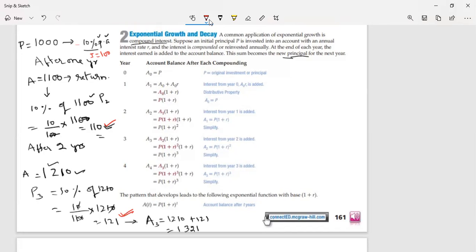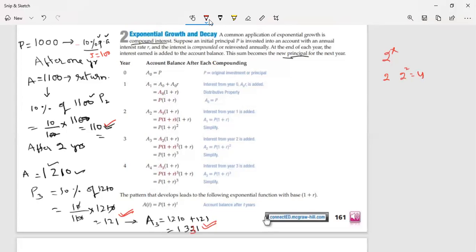All 3 years, if you see, 331 total paid after 3 years. So it is exponentially increasing. You have seen yesterday exponentially increasing 2 raised to power x: when x is equal to 1, you get 2; when x is equal to 2, 2 raised to power 2 becomes 4. So exponentially increasing means it is increasing very fast, not with the same rate, a different rate every year. So that is the calculation.